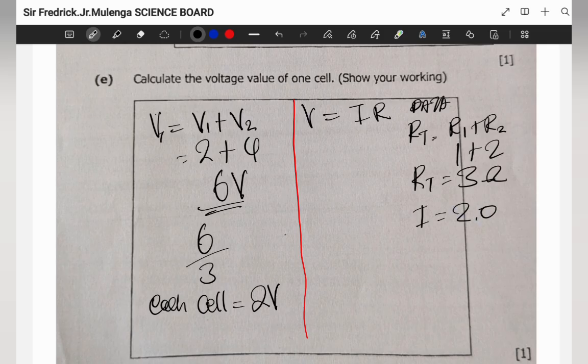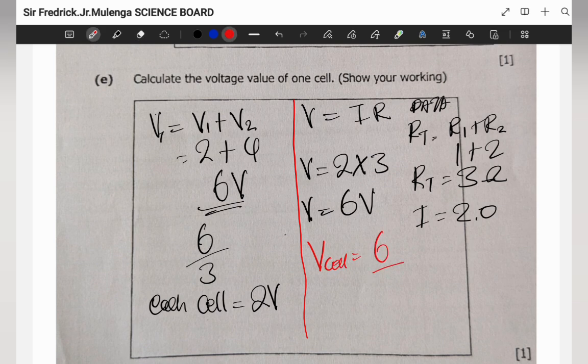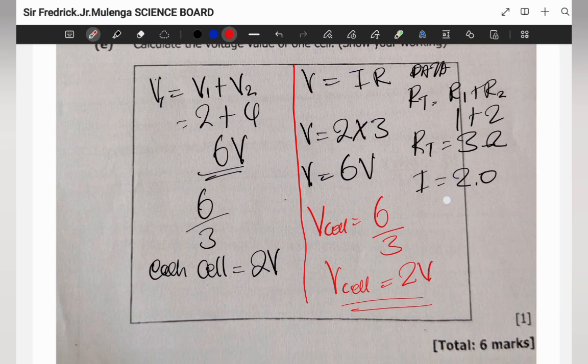So you will replace these two values in the formula. So voltage is equal to 2 times 3. What do you get? 6 volts. Again, since this is the total voltage across the circuit, the voltage of each cell is 6 divided by 3 cells, and this is going to be 2 volts. Same. So this is how you can handle this question.